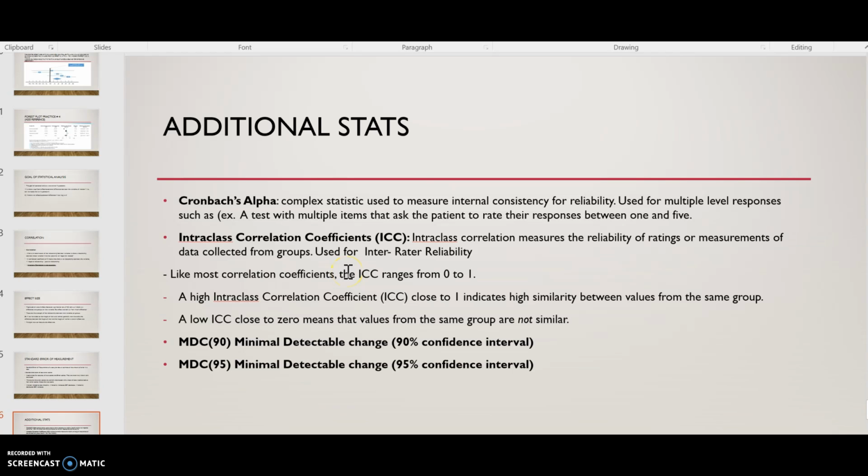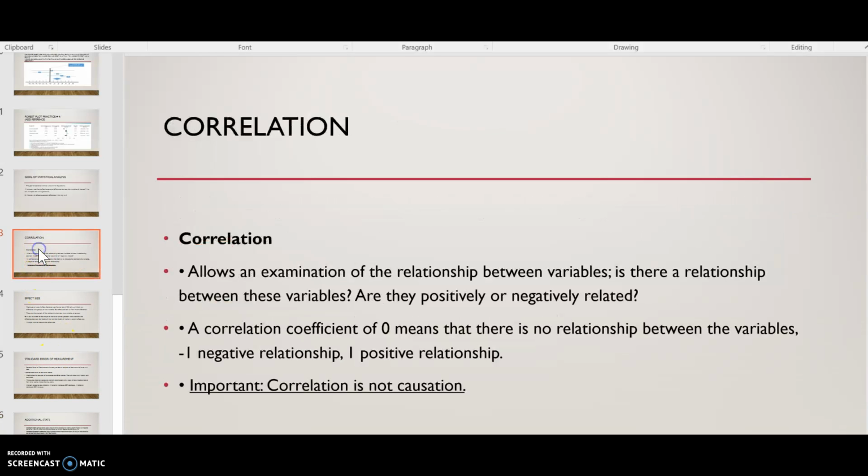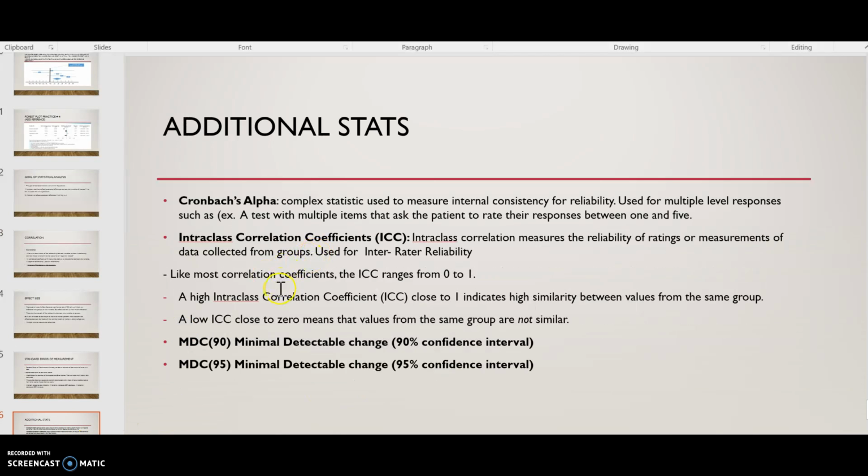It follows the same scale as the Pearson's correlation, where 0 means there's no relationship between the variables, a -1 is a negative relationship, and a 1 means a positive relationship. For the intra-class correlation, it follows the same 0 to 1 rule. A high intra-class correlation close to 1 indicates high similarity between values from the same group, while a low intra-class correlation close to 0 means that the values from the same group are not similar.